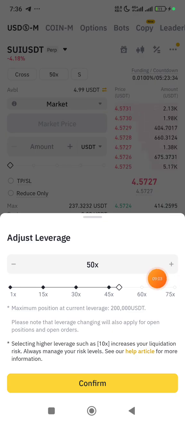Now, if you are on a leverage, let's say 50x leverage, it means that the $5 you used to enter that trade, you have multiplied it by 50 times. 5 times 10 is 50. 5 times 100 is 500. So when you say 50 times, it means that you have multiplied your money to $250.